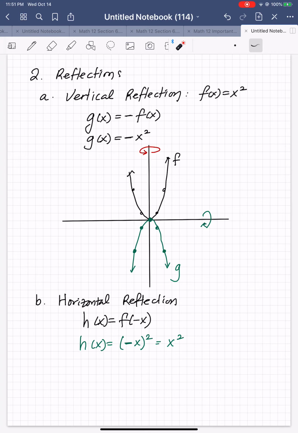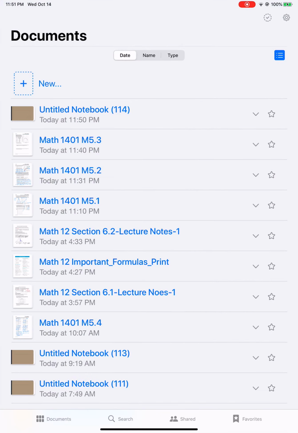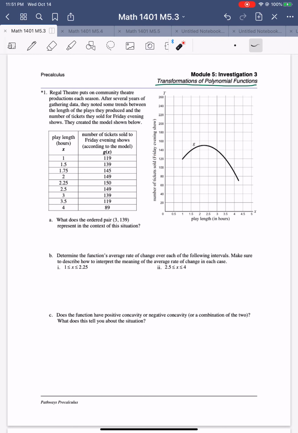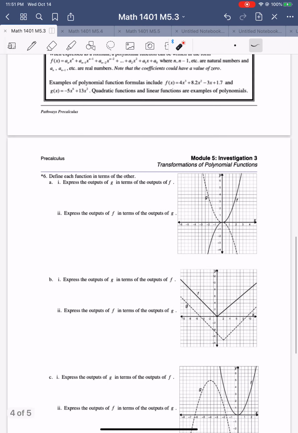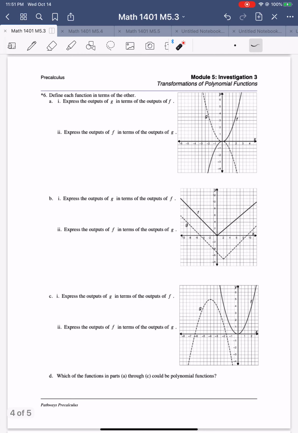Alrighty, let's go back to 5.3. I will do number 6 to see the graph. Define each function in terms of the other. Express the output of g in terms of the output of f.